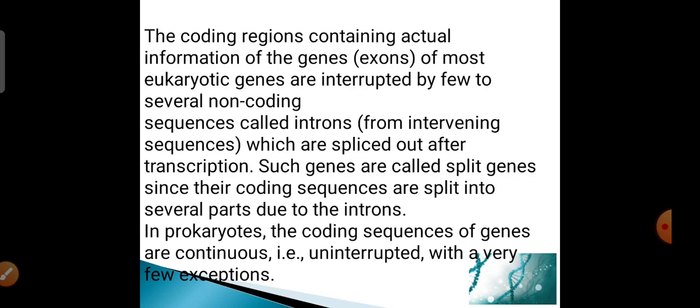Such genes, which contain coding regions called exons interrupted in between by non-coding regions called introns, are called split genes, since their coding sequences are split into several parts due to the presence of introns in between.